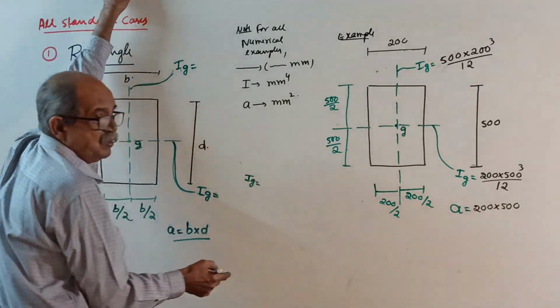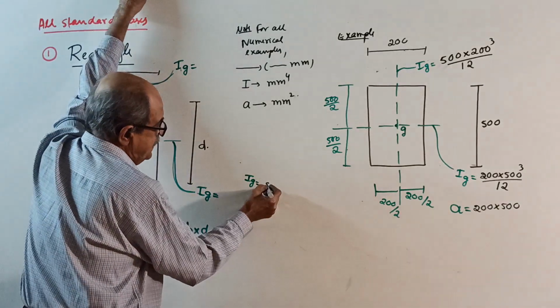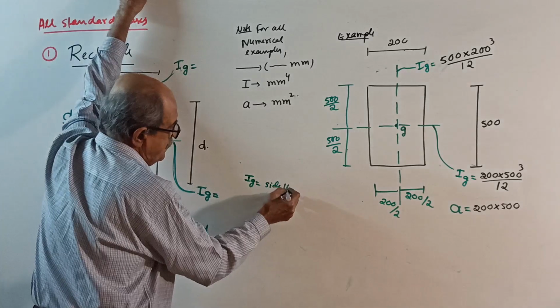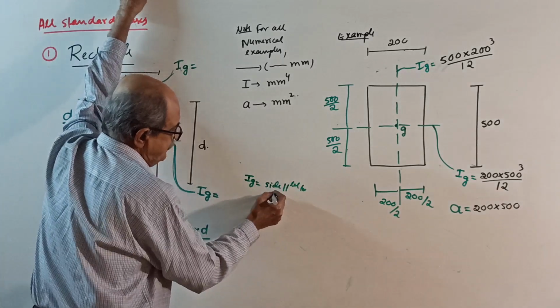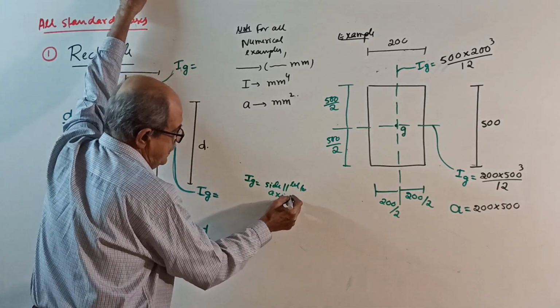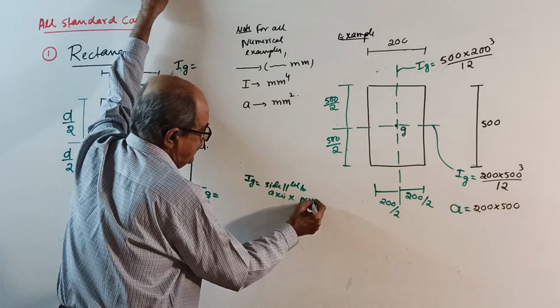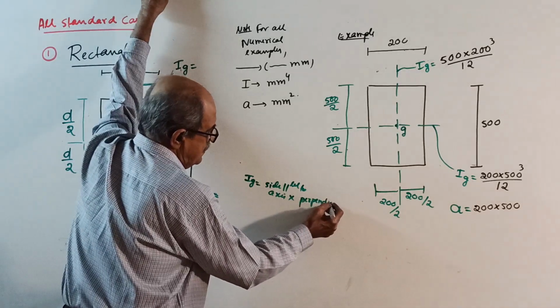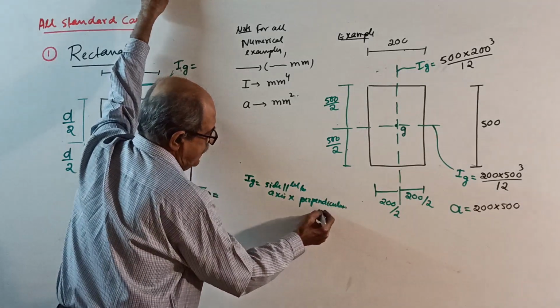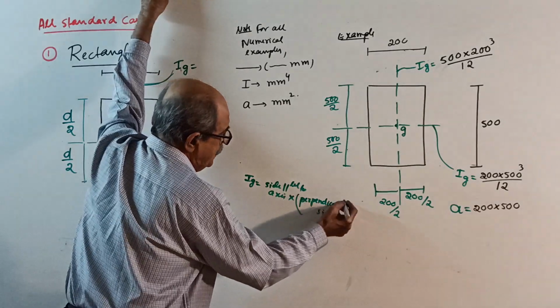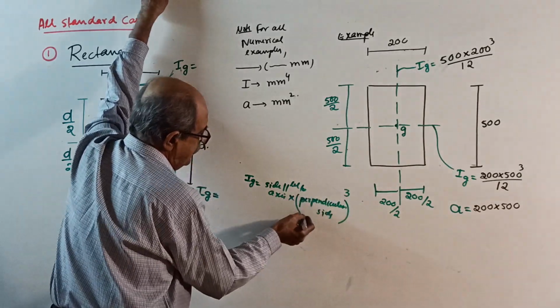Ig equal to side parallel to axis into perpendicular side that is to be cubed, cube divided by 12.